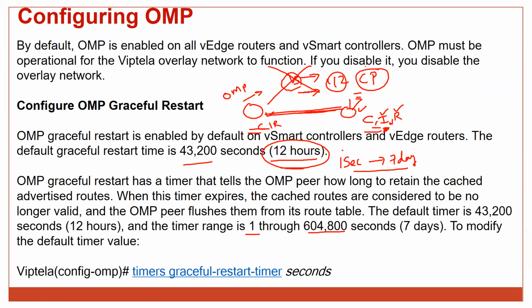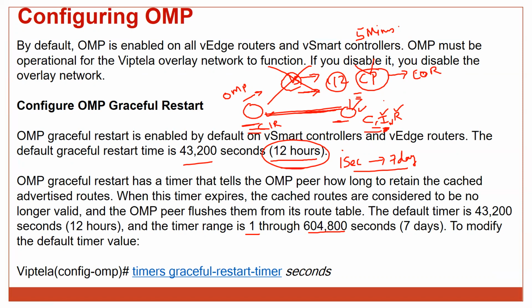Then this vSmart will send one type of marker, termed EOR, end of RIB. That means it tells the devices: I have been learning all the routes for the last 5 minutes, and now I have the updated routes from all the locations and all the branches. You should use my new routing update.